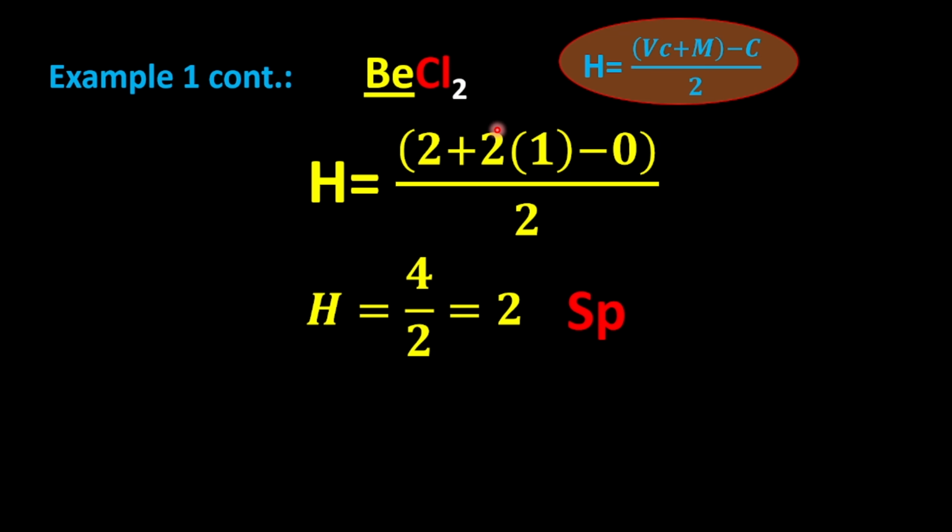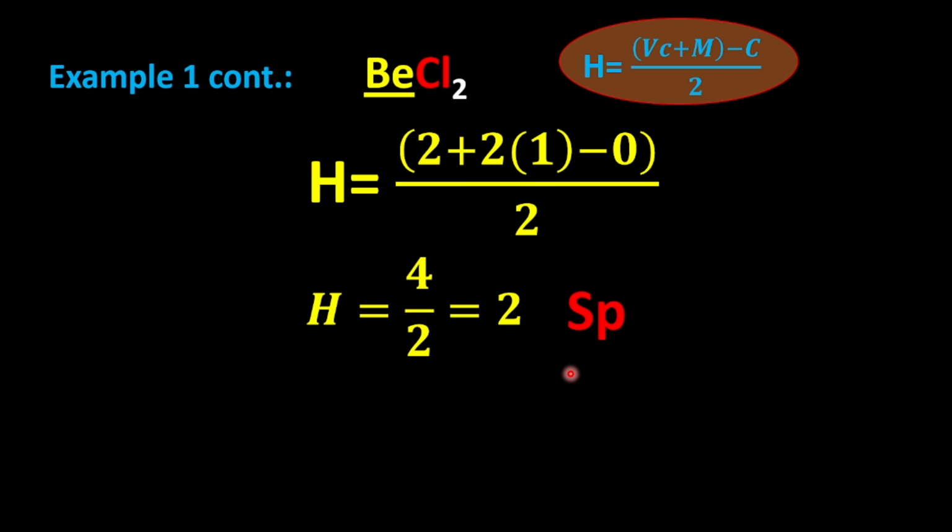Be gave us valence electrons of 2. So that is what we have over here. Now we have a number here which is attached to the chlorine atom, which is 2 times 1 because chlorine is monovalent, minus the charge. There is no charge on this molecule, which is equal to 0, all divided by 2.